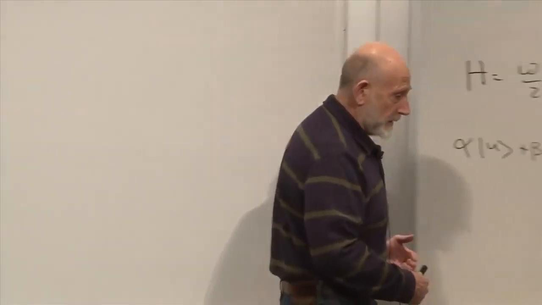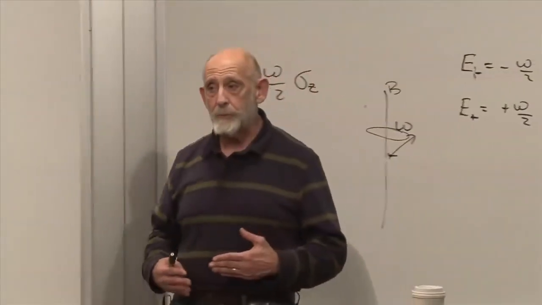But let's say it's an apparatus, and the apparatus measures some specific thing. Then what happens during the course of the interaction with the apparatus is a measurement takes place, and the system is left in an eigenstate corresponding to the particular outcome.